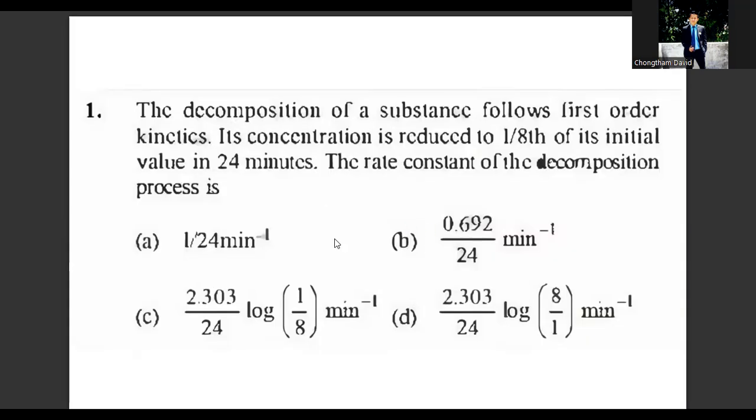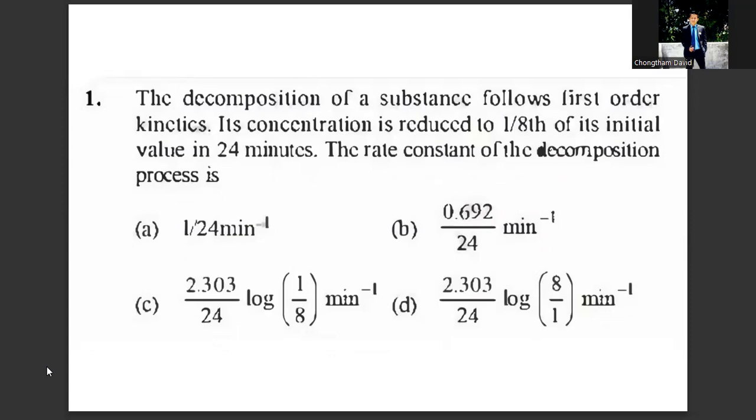Okay, let us read the first question. Question number one. The decomposition of a substance follows first order kinetics. Its concentration is reduced to 1 by 8 of its initial value in 24 minutes. The rate constant of the decomposition process is.